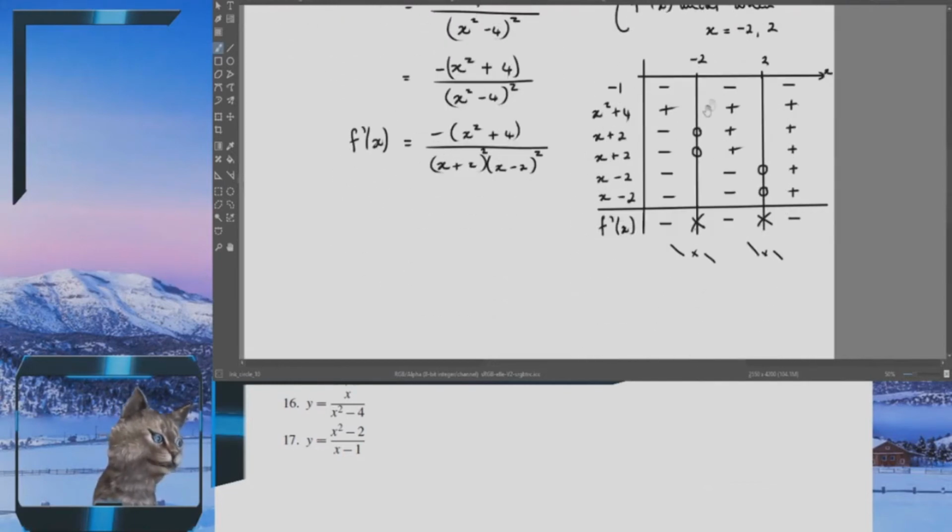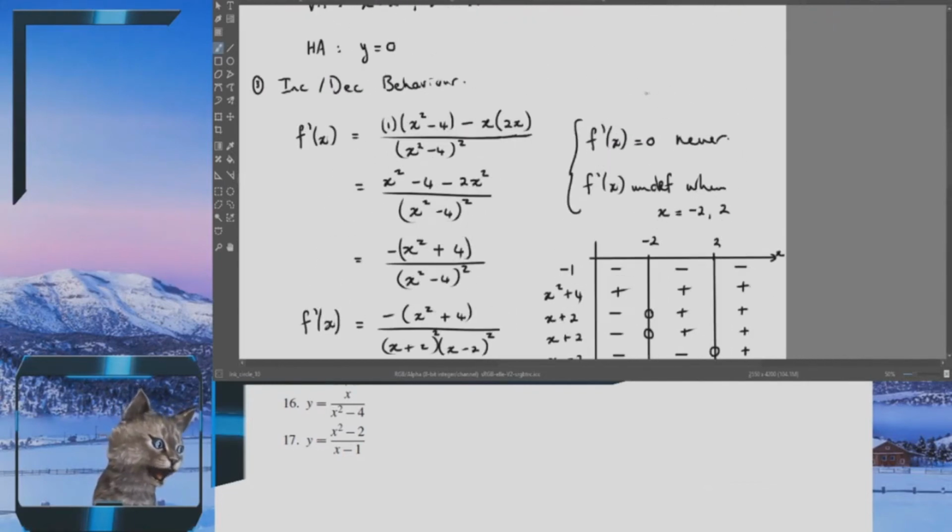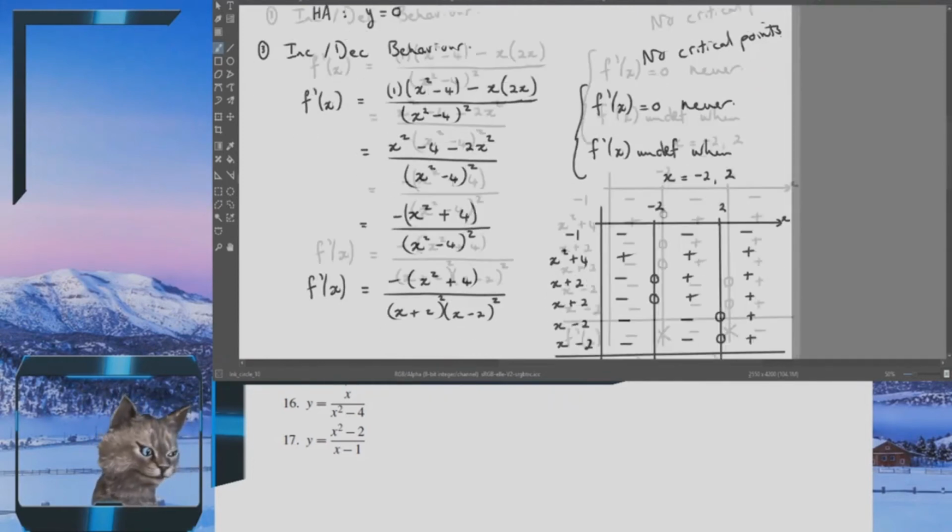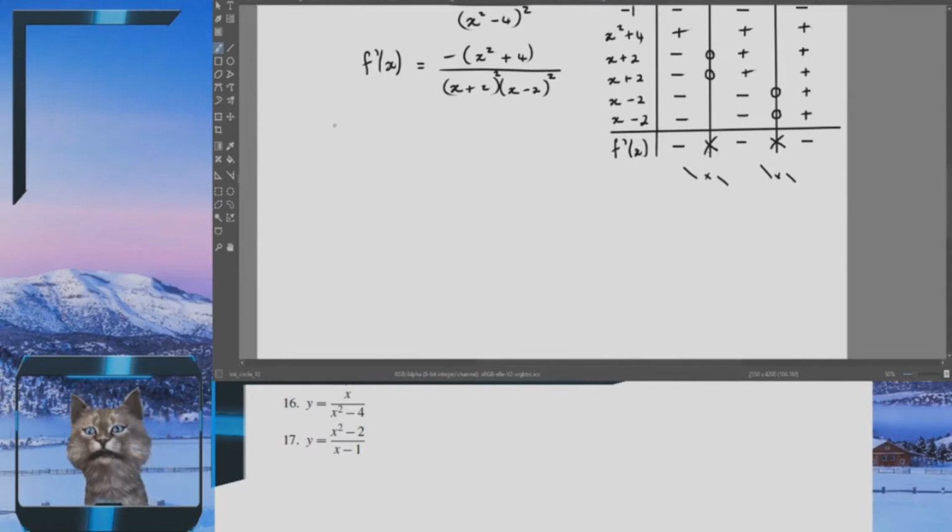The function is undefined. So we'll say up here, there are no critical points. They are potentially critical because they come out of these two checks, but they're not points to be called critical points. I can, however, sum it up by saying f is all decreasing in this case.